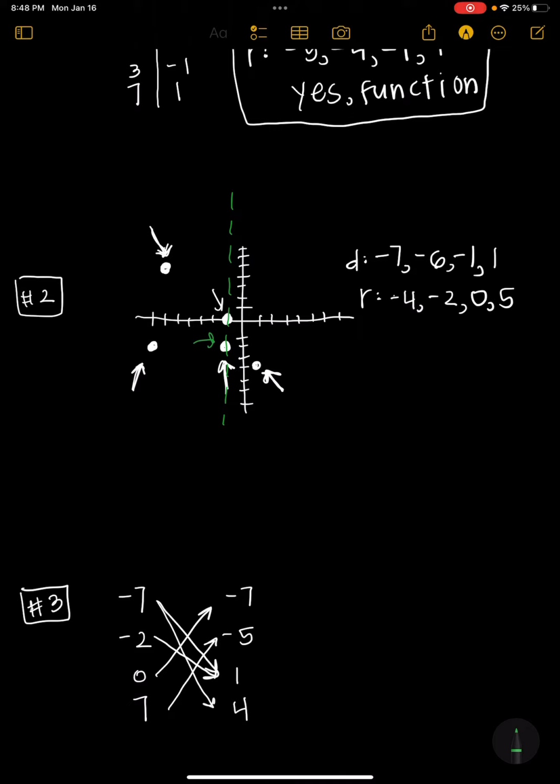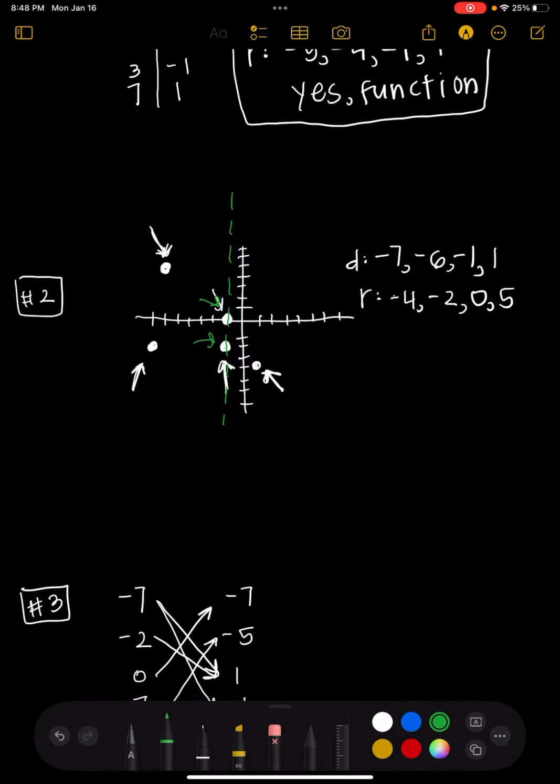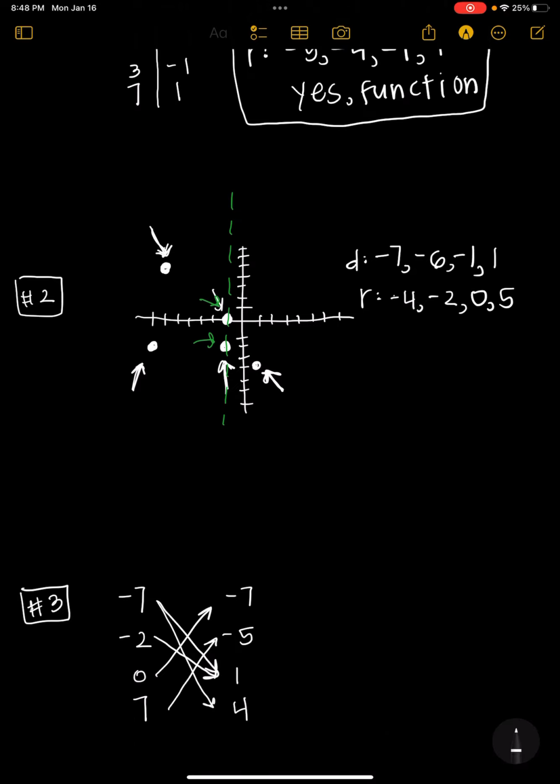This point right here, and then this point right here. Because it crosses 2 points somewhere, then it is not a function. So let me change my color back. I'm going to say no, not a function, because it did not pass the vertical line test. All right.